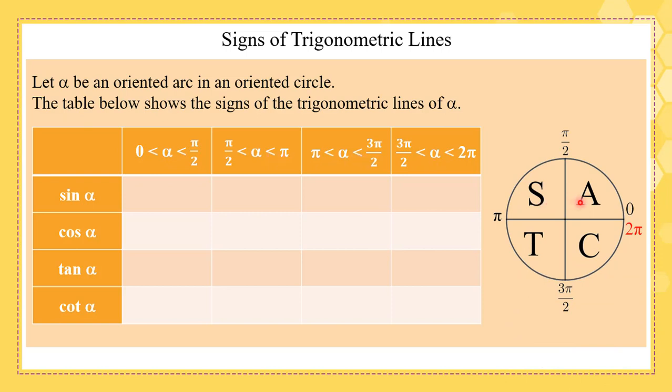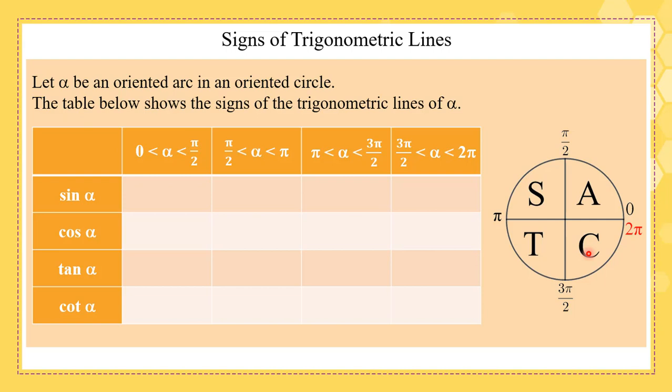In the first quadrant, all trigonometric lines will be positive. In the second quadrant, only the sine will be positive, and the other trigonometric lines would be negative. In the third quadrant, the tangent and cotangent would be positive, and sine and cosine would be negative. And in the fourth quadrant, the cosine would be positive, and the other trigonometric lines would be negative.